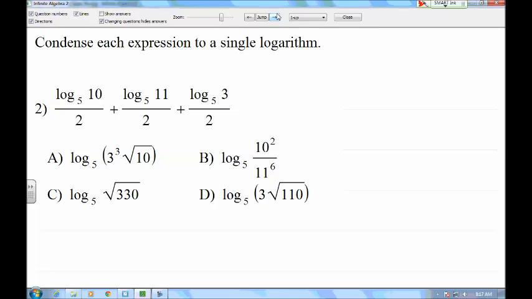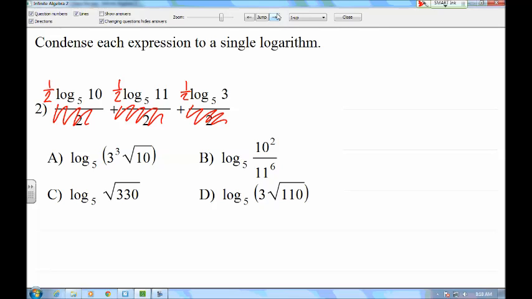Number 2. Listen please, this is how the computer prints it. When I've written it in class before, I write the fraction in front, so just remember that dividing by 2 is actually multiplying by 1/2. So I'm just going to scribble those out. Write it on your board.